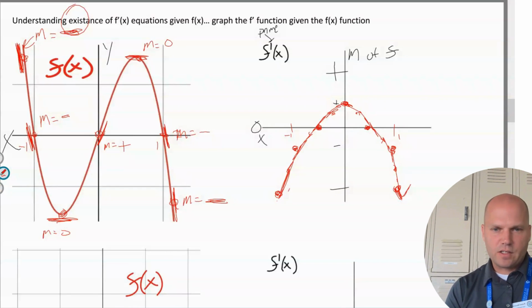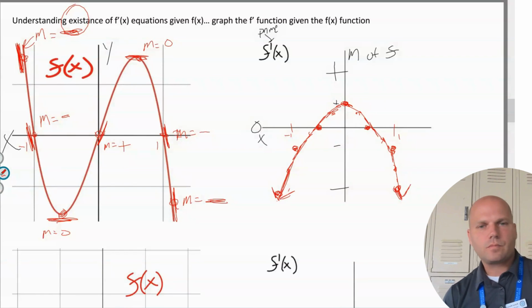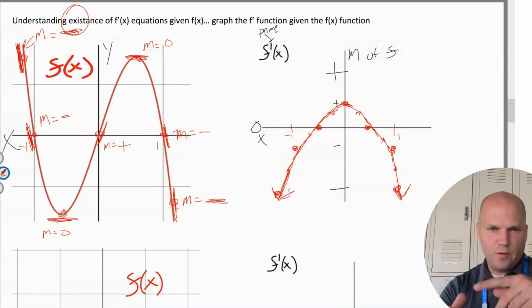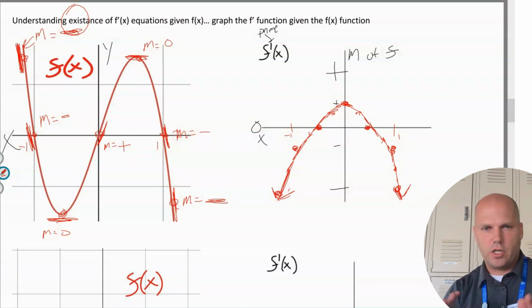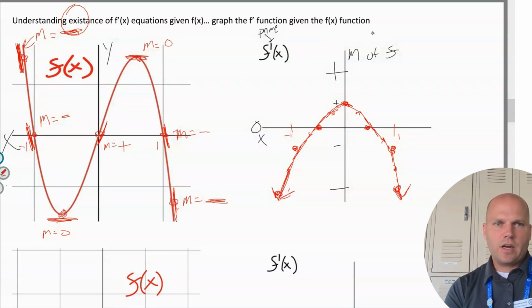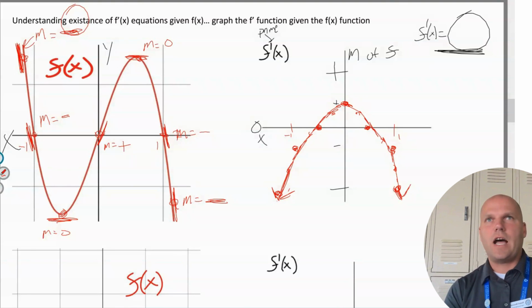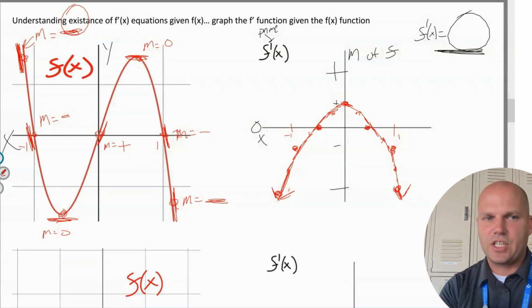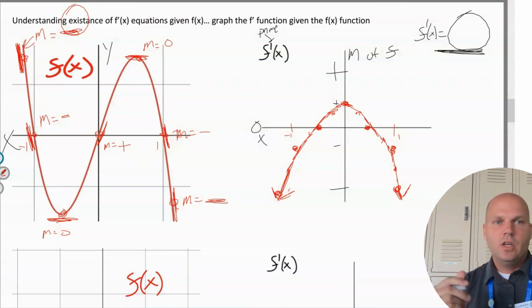Now, you don't have to be perfect for this homework. If you have it look like a V, all good, you're fine, don't worry about it. But then Newton realized, there is an equation for this. There is some expression where, if you told me what this was, I would be able to plug in x's and get m's.